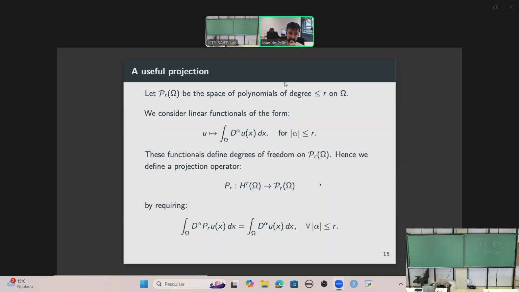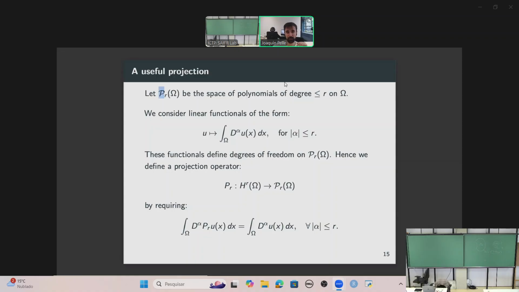And now, the way that we are going to prove the bounds that we need for calculating the convergence rates, we're going to define a useful projection, right? Which is this one that I'm going to introduce now.